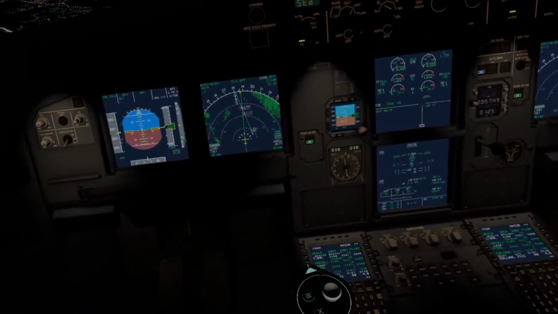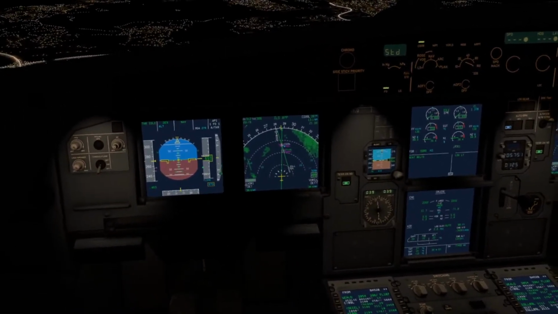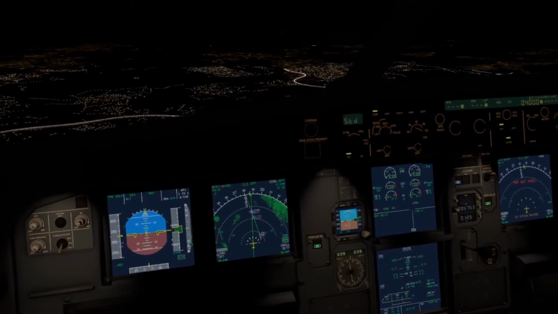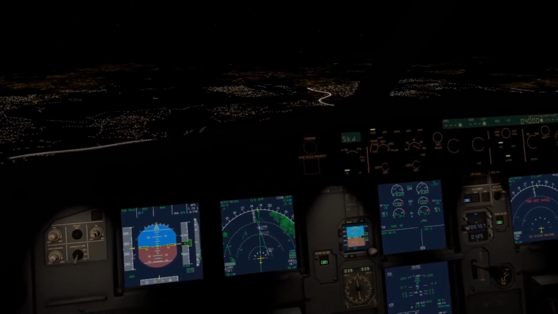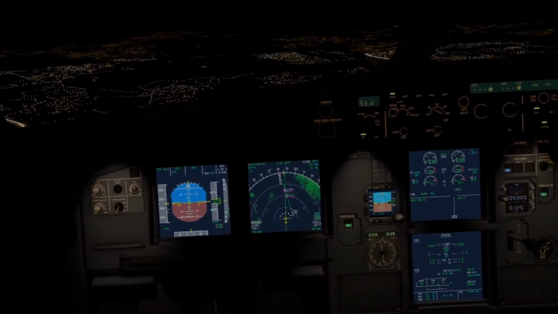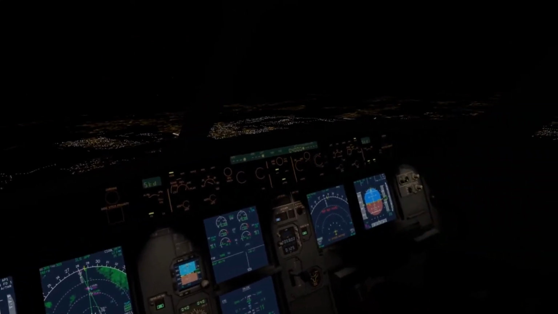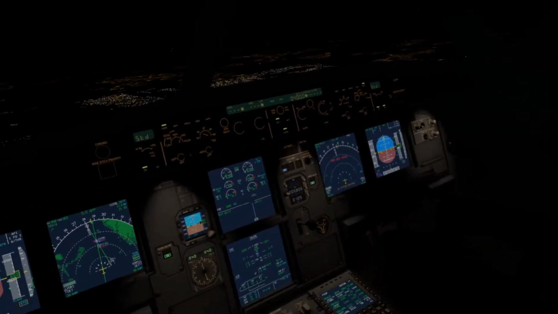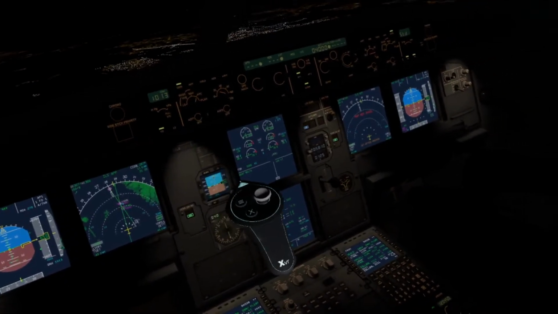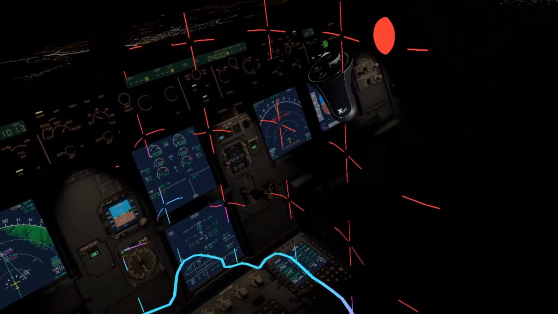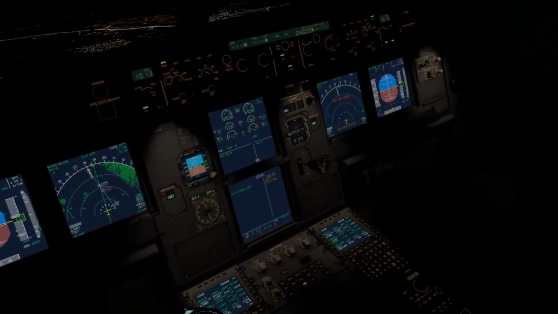Okay, this is nearing 6,000 feet, so I'm gonna prepare the aircraft for landing configuration. Approach checklist. Approach checklist. Briefing, confirmed. ECAM status, checked.